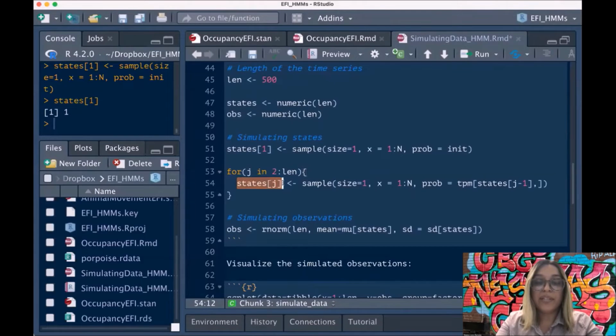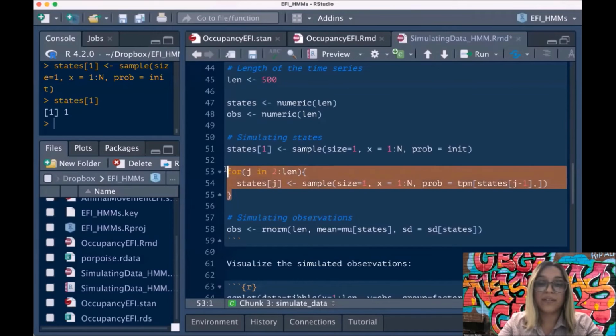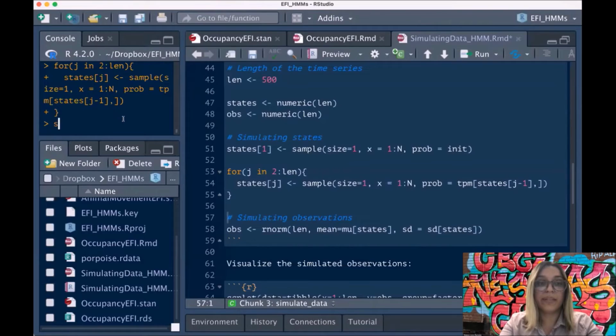Now, what happens at time 2, the state at time 2, depends on the state at time t-1. So we're incorporating that information into how we generate the data. There's this sequential process. We can see maybe the first 10.